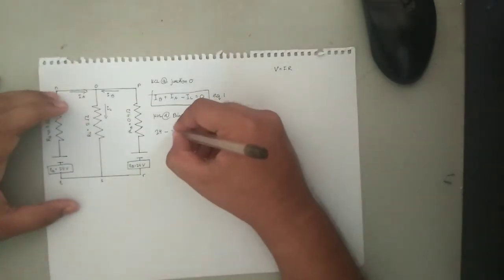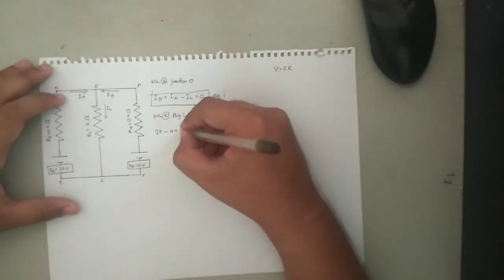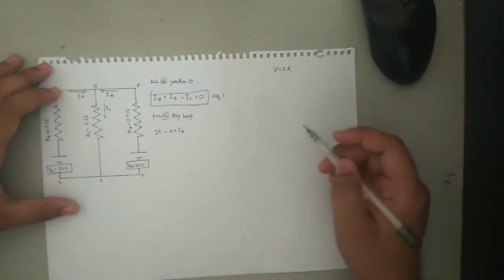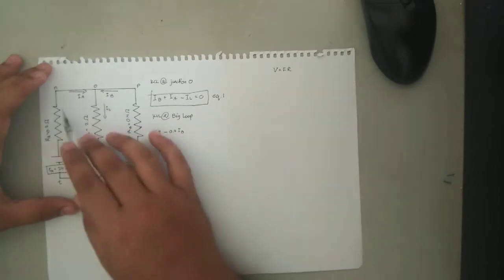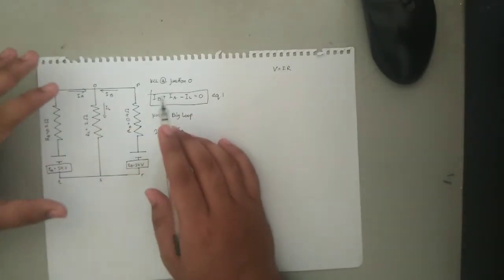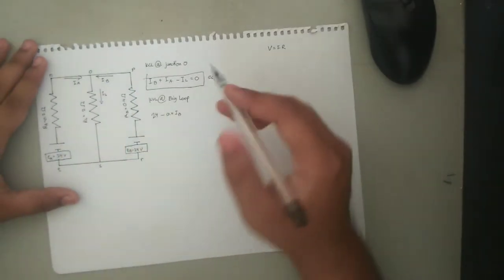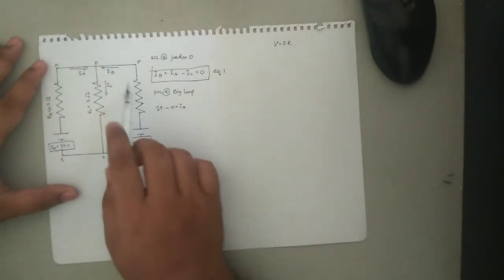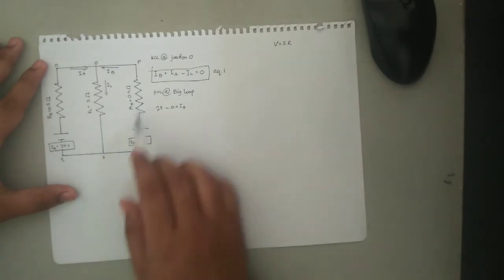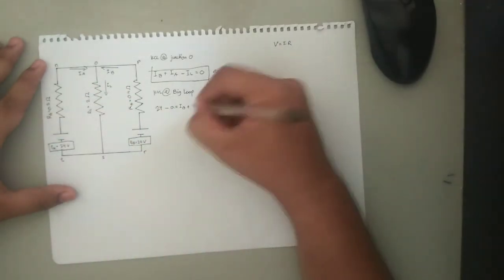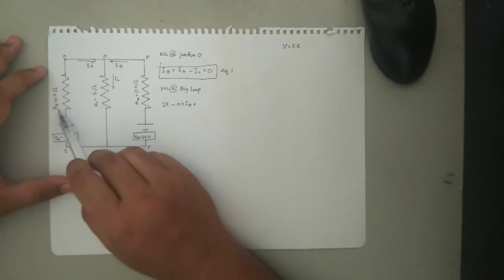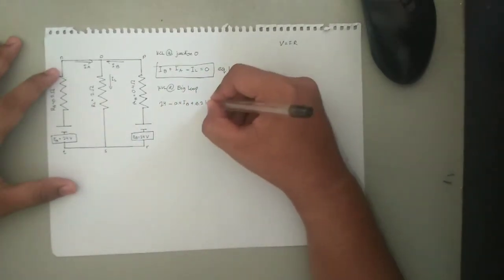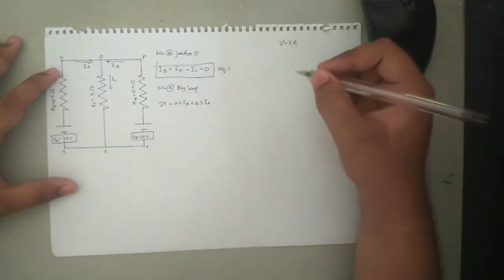So that's going to be negative 0.4 IB. And if the current opposes the direction, then it's going to be positive. As you can see, the current is going clockwise while we are going counterclockwise, so that's positive. The resistance is 0.2, and we have IA.